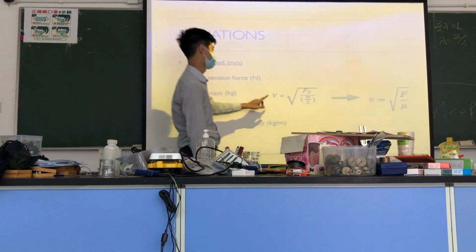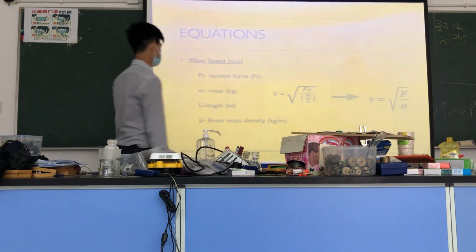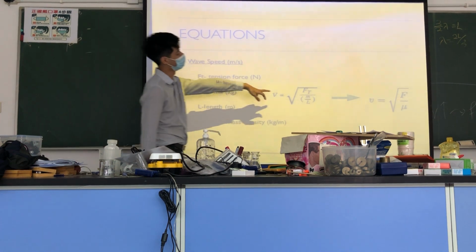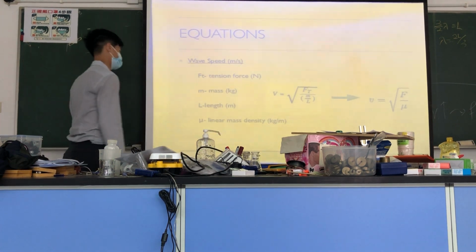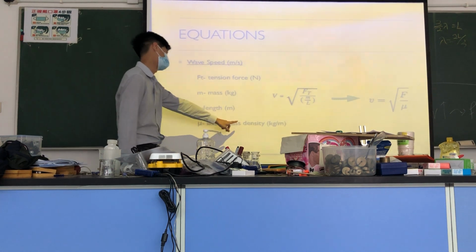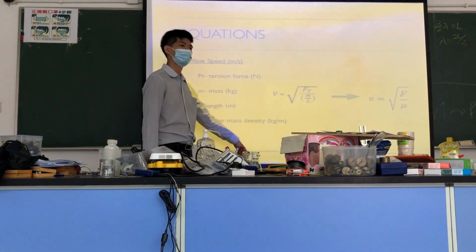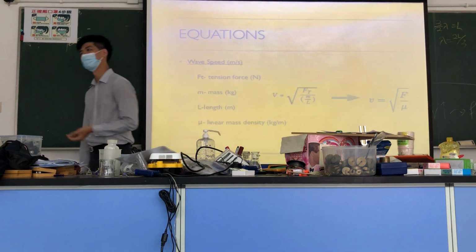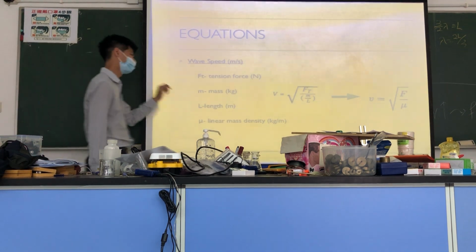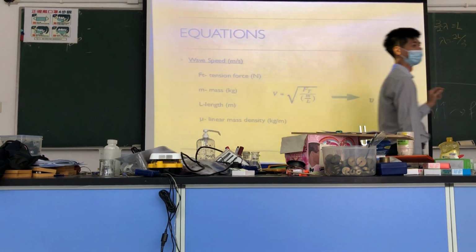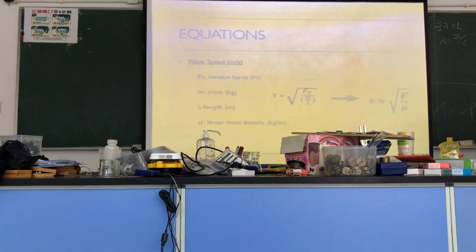So this v is the wave speed. So the wave speed equals the square root of the tension along the string over the linear mass density. So what is linear mass density? It is mass over length. Okay? So we define a new term here.